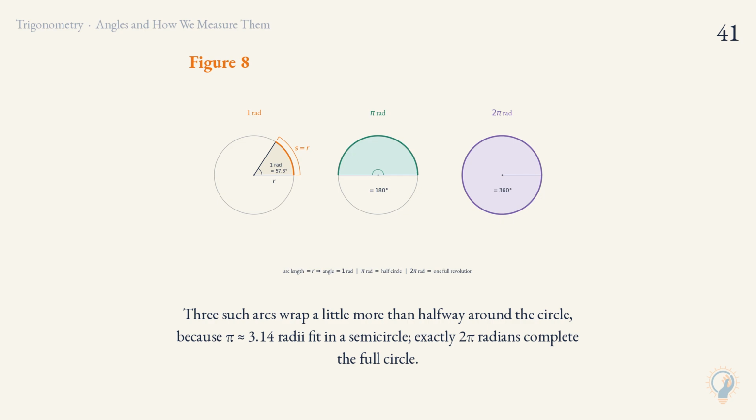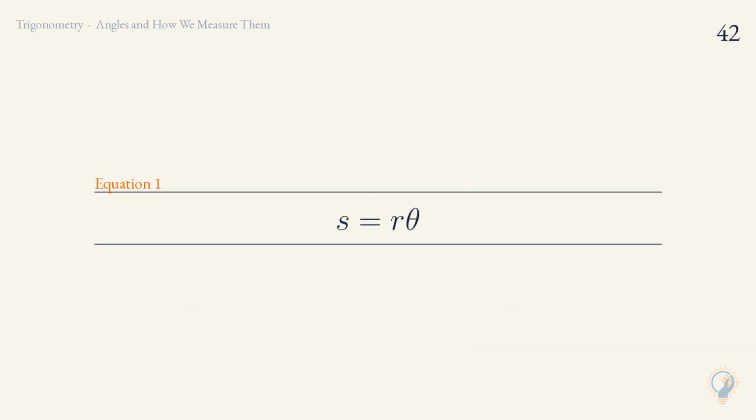Exactly 2 pi radians complete the full circle. Equation 1, s equals r theta: arc length s, the distance along the arc, equals radius r times the central angle theta, measured in radians.